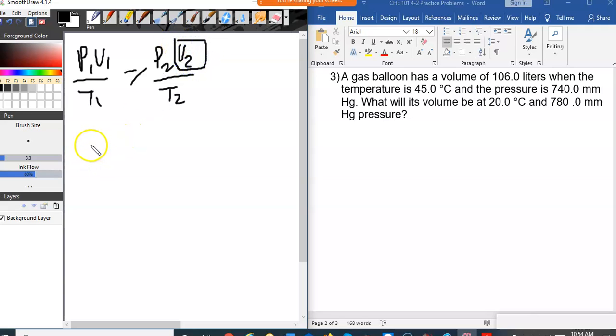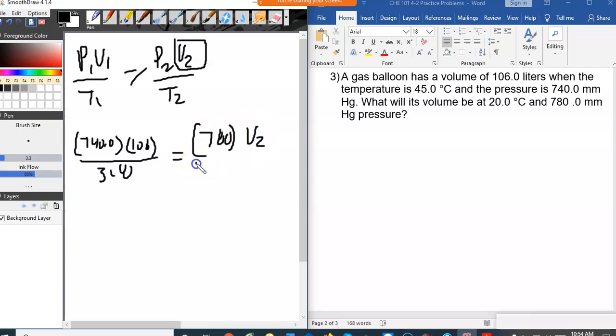So your initial pressure is, what's your initial pressure? 740. And your initial volume is 106. And then your temperature is 273 plus 45, which is 318. And then pressure 780, V2 over 293.